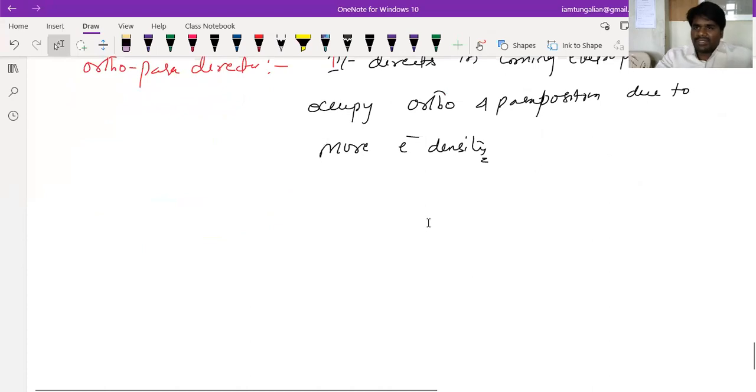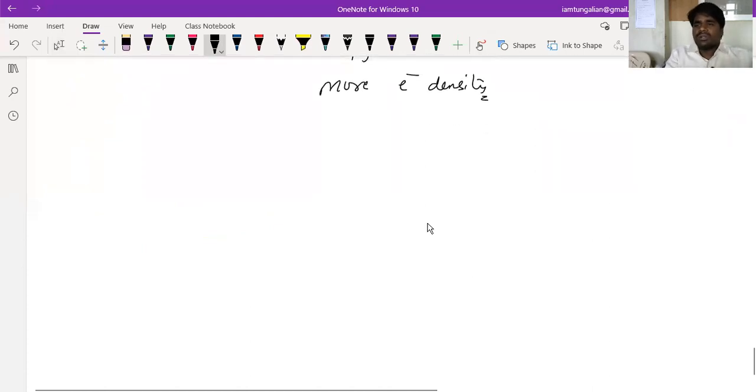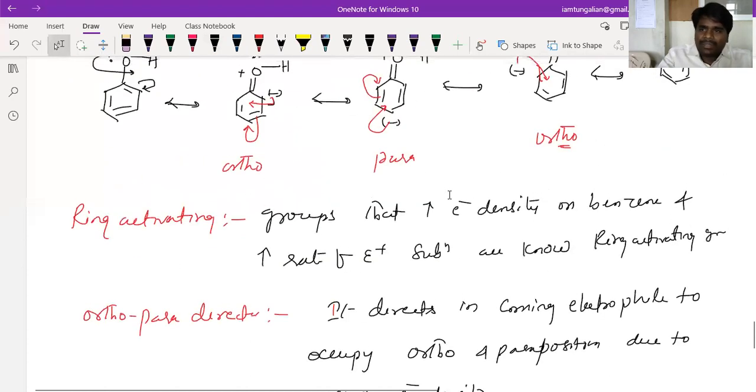So this is the first thing. Is that clear? Am I clear so far? What is meant by ring activating and what is meant by ortho para directors? Why is it an ortho para director? What is meant by an electron activating group, a ring activating group?